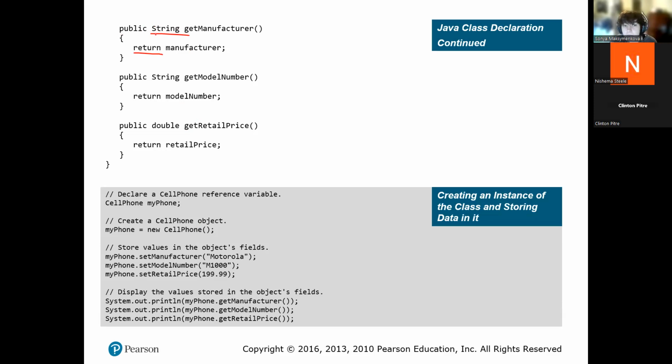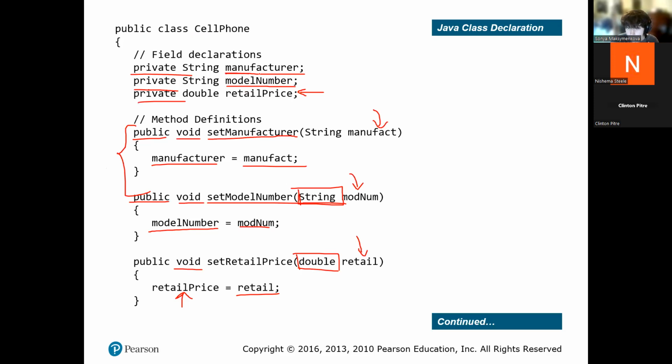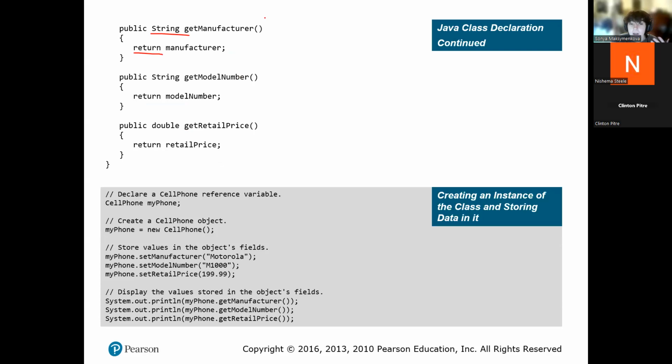So you can see here, public, we're returning string, and then the name of our method, in this case, getManufacturer. And then what this method does, simply returns the value that is stored right here in our string manufacturer. We are returning that value whenever this method is called.